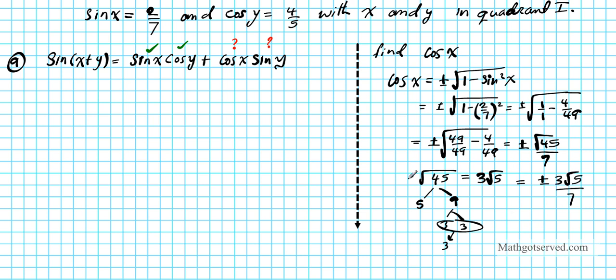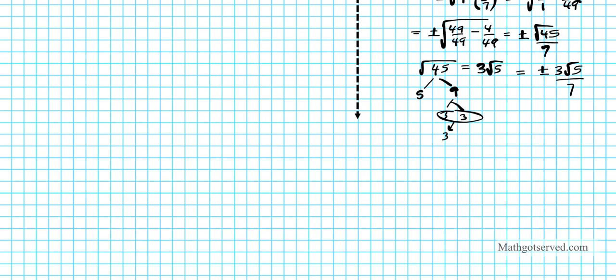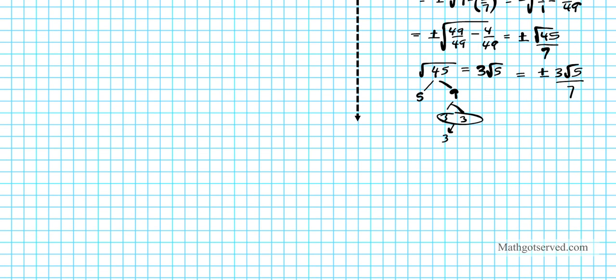Now the question is, is it positive or negative? Since we're in quadrant 1, what do we know about quadrant 1? Let's sketch out quadrant 1, the coordinate system. We know all students take calculus.